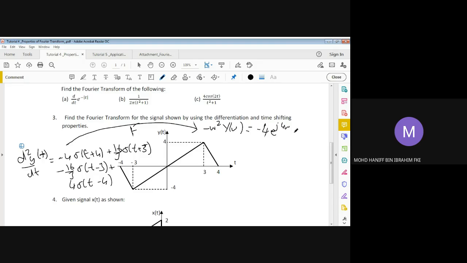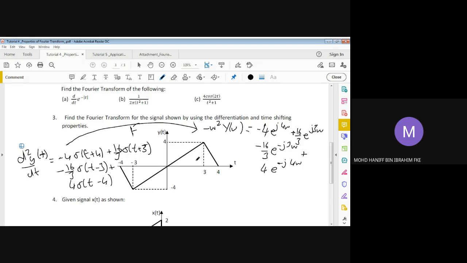For the second term, plus 16 over 3 exponential of j3 omega. For the third term, negative 16 over 3 exponential of negative j3 omega. And for the fourth term, 4 exponential of negative j4 omega. So this is the Fourier transform for these time domain functions.